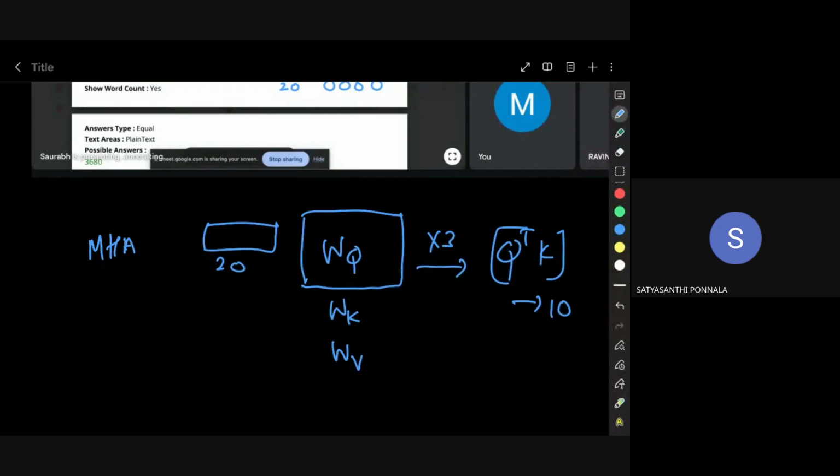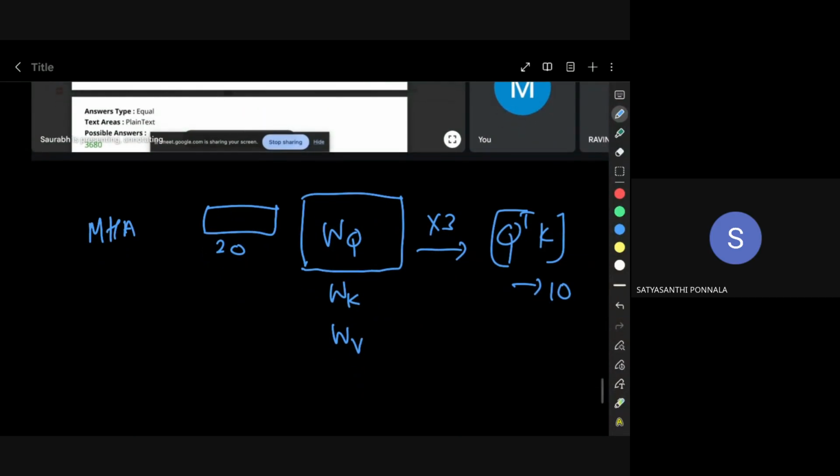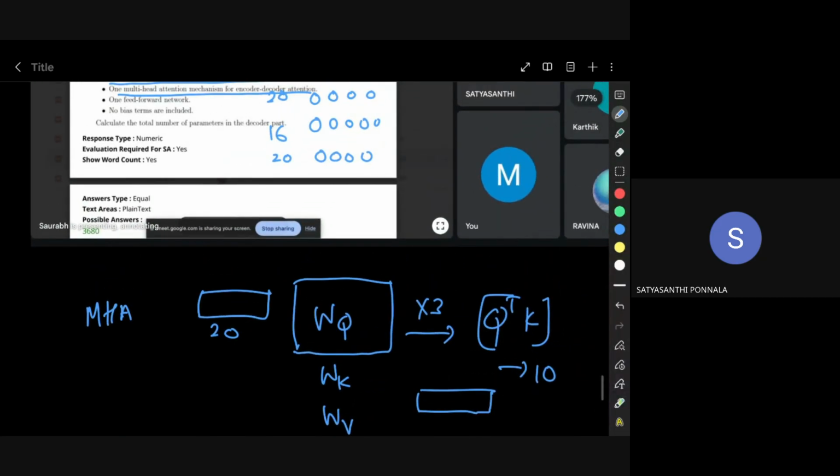So how will I get that? Give me a minute. I think it would be better if I show you the multi-head attention calculation, and in that we will do it.